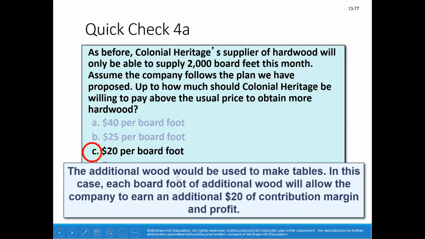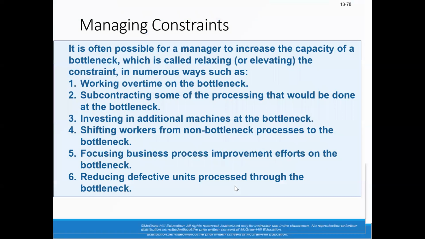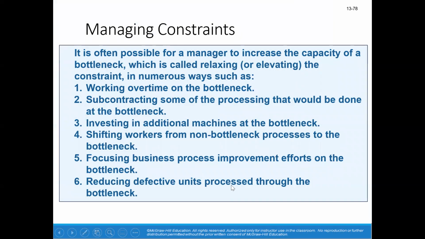The additional wood would be used to make tables. Each board foot of additional wood will allow the company to earn an additional 20 bucks of contribution margin and profit.